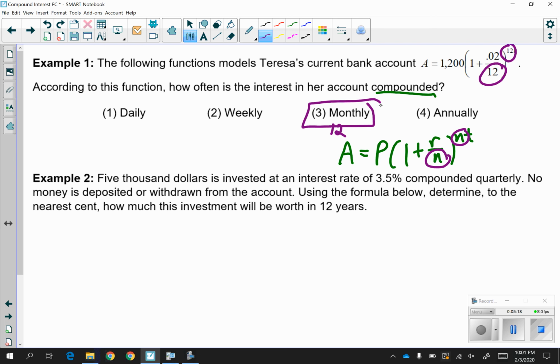Let's try example 2. We have $5,000 invested at an interest rate of 3.5%, compounded quarterly. As soon as you see compounded quarterly, you should know to use the compound interest formula that you have to remember.